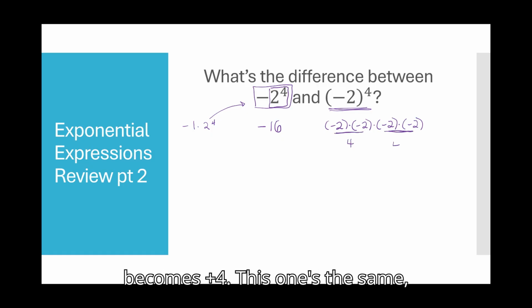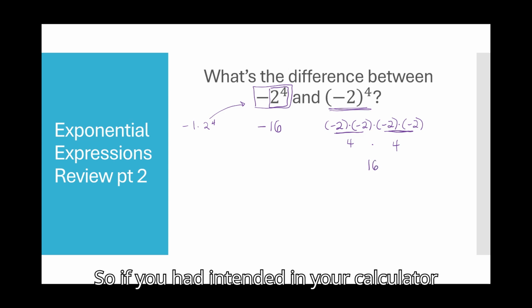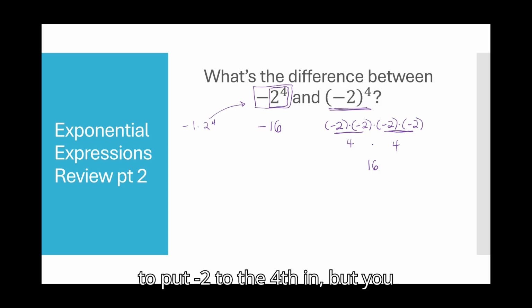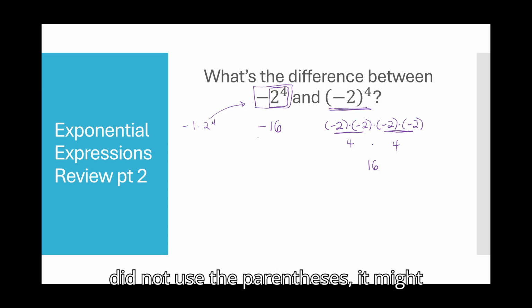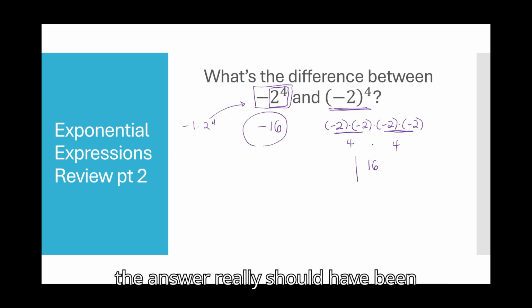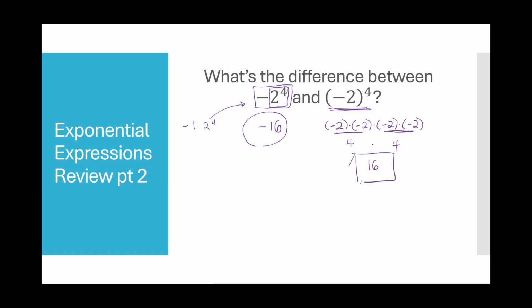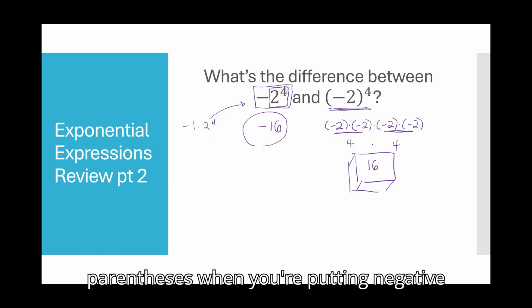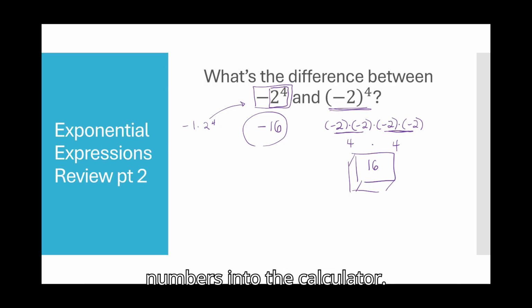This one's the same. So now I have 4 times 4 is 16. So if you had intended in your calculator to put -2 to the fourth in, but you did not use the parentheses, it might tell you the answer was -16 when we know the answer really should have been +16. So be careful to use your parentheses when you're putting negative numbers into the calculator.